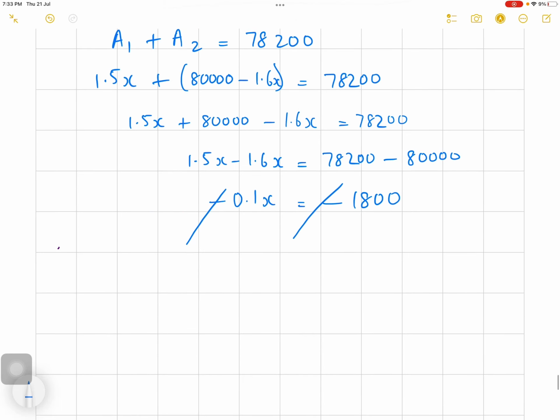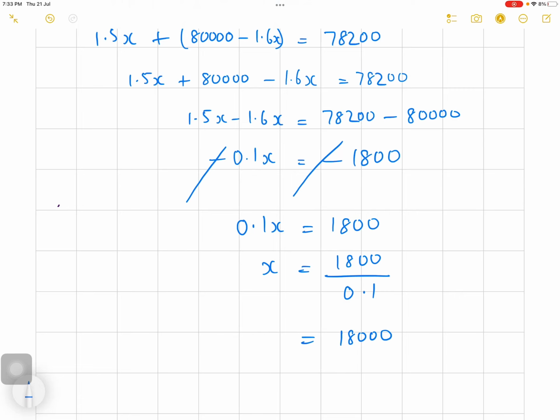You can just cancel the minus. So 0.1x is equal to 1,800. So x is equal to 1,800 divided by 0.1, which will make x equal to 18,000.